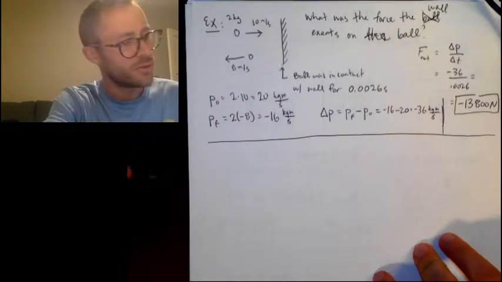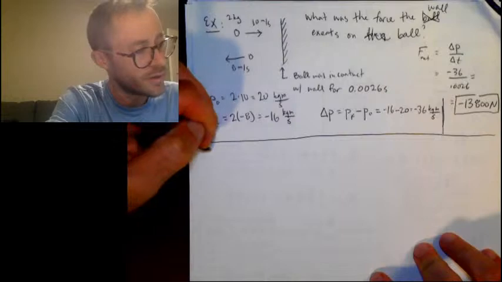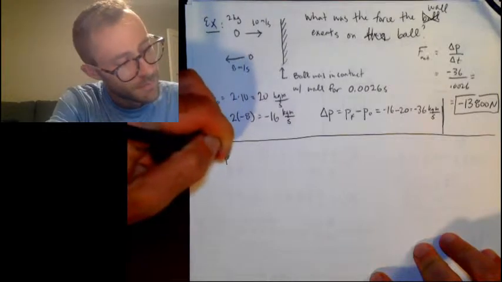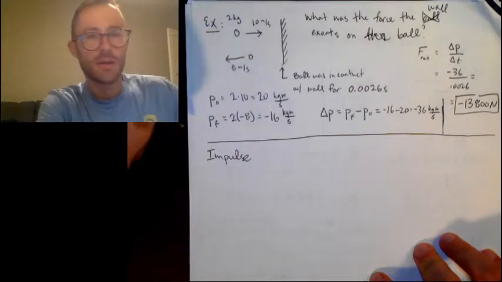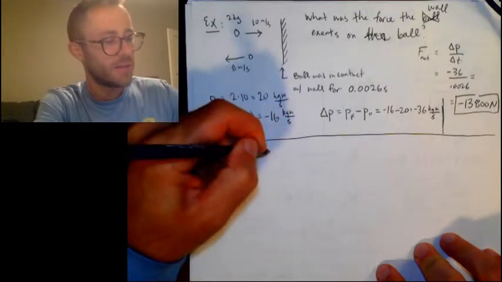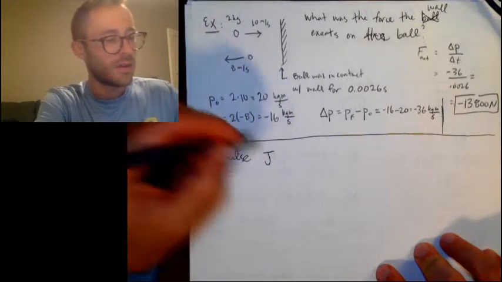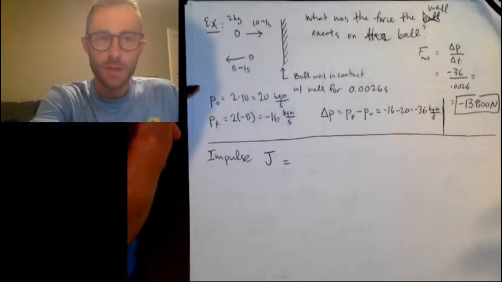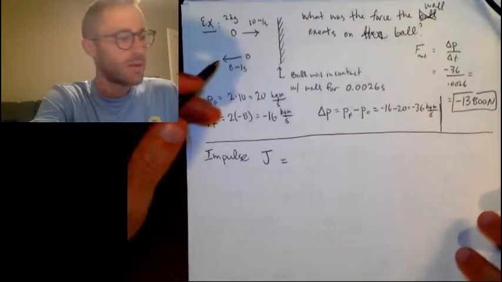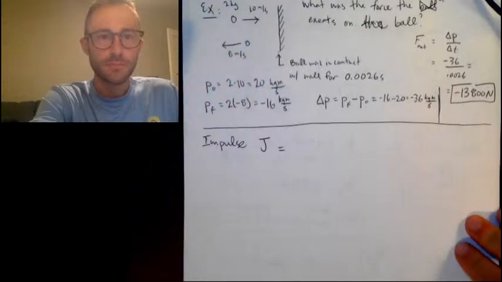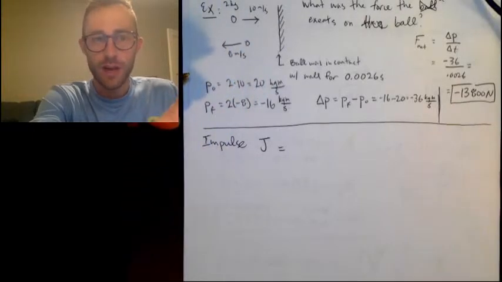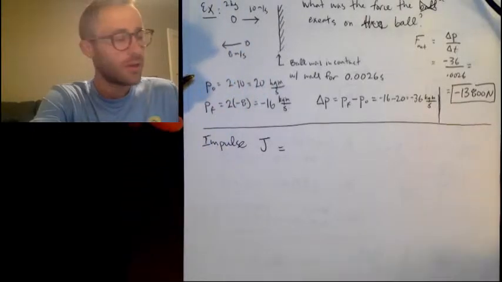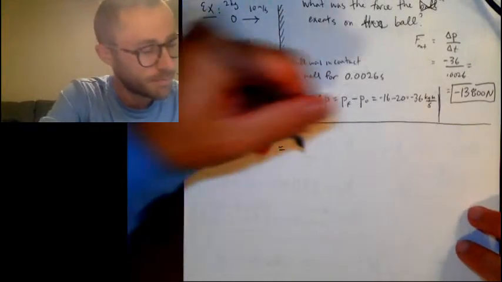I would like to define something called the impulse, which is denoted by J. And there are two ways that in the IB class impulse is calculated.